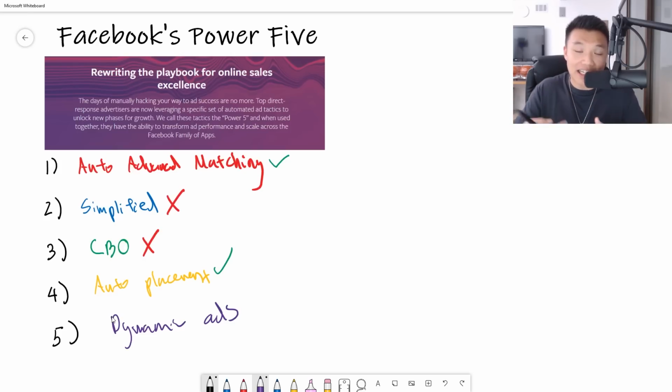So you're essentially taking the creative responsibilities away from yourself, away from your creative team, and now letting the algorithm just funnel in the products and show those products in a carousel format to the potential customer.